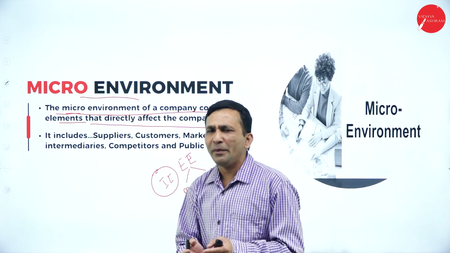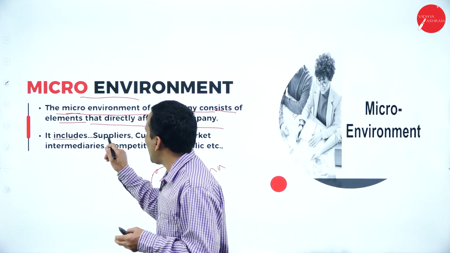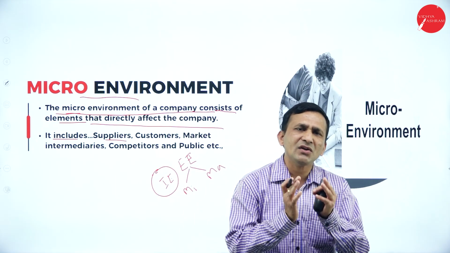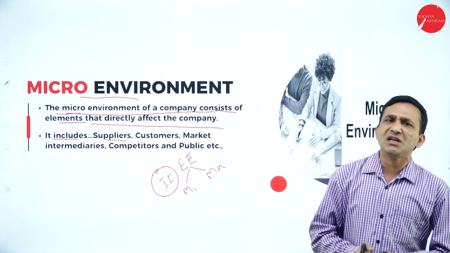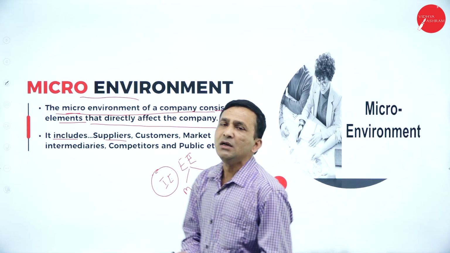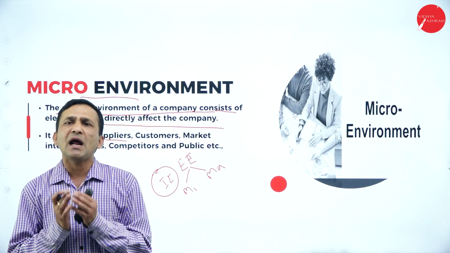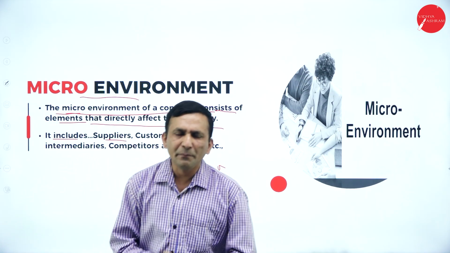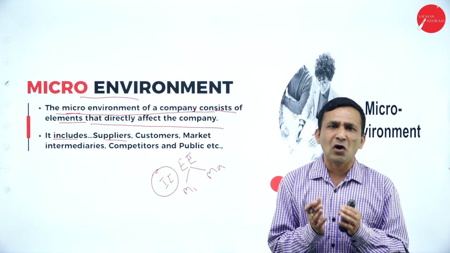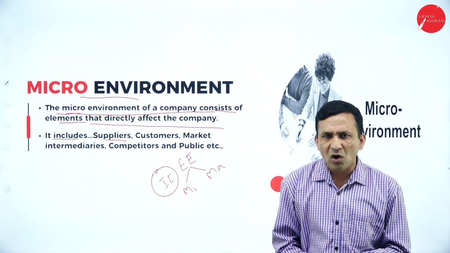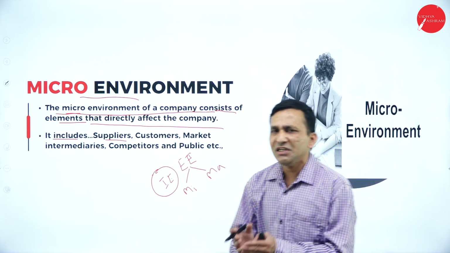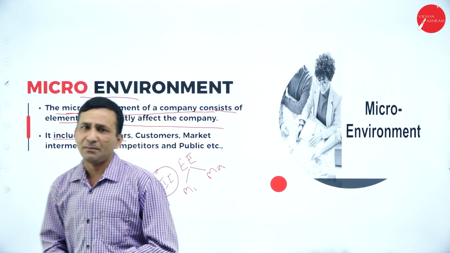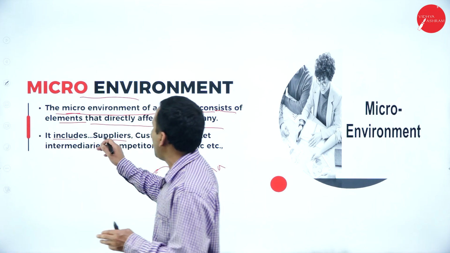There are too many persons, which include the supplier, because the main raw materials or machinery are supplied by the supplier. Any businessman tries to maintain a good relationship with the supplier, because if you are not getting the raw material, the components, or the machine you are expecting from the supplier in time, everything suffers.